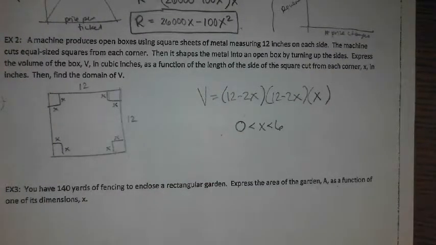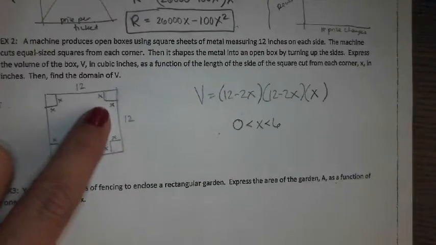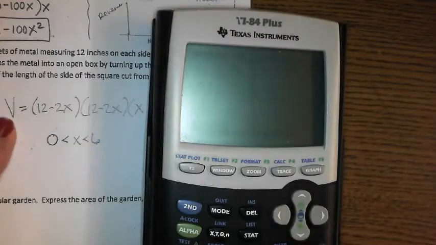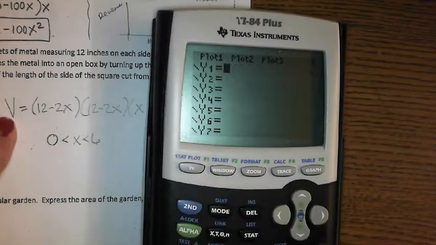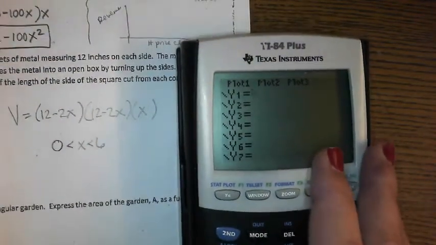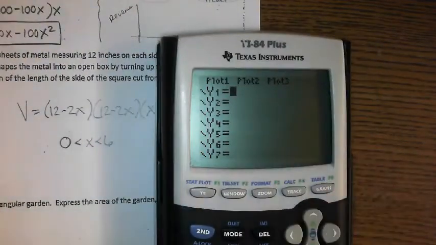Okay? So now if we wanted to figure out what size corners we should cut in order to maximize the volume, again, we would look at the vertex of this. It's going to be a cubic function, isn't it? Let's see what happens here.